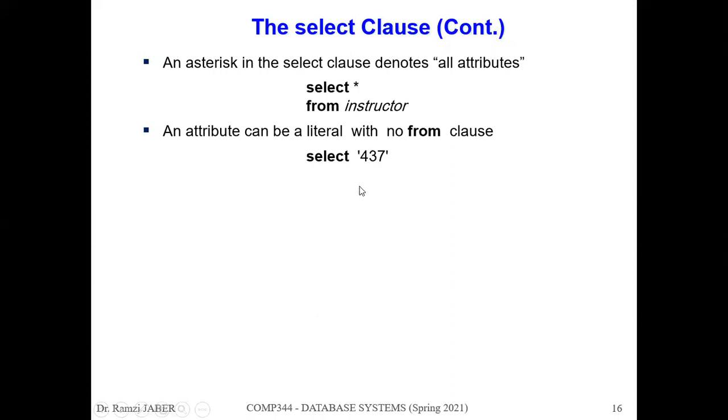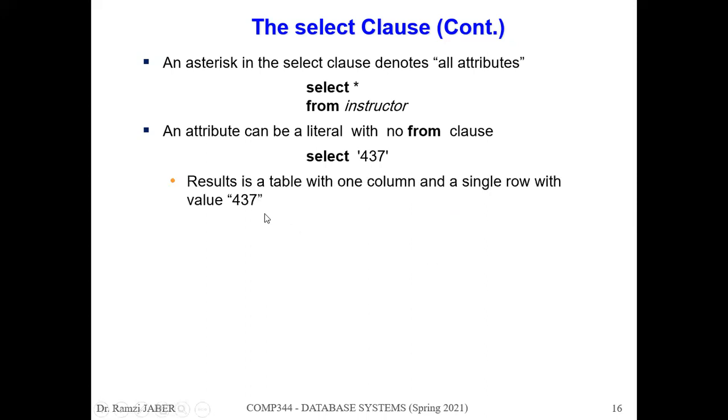Here we create a virtual table which is not included in our ER diagram, to be used in our calculations, like intermediate tables. The result will be a table with one column and a single row with the value 437. So it's a virtual cell: one column, one row.